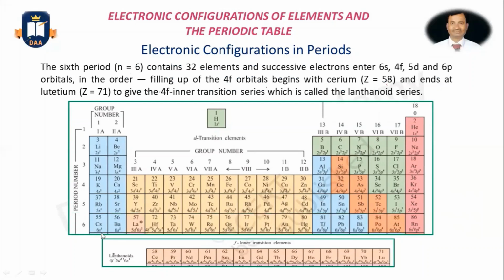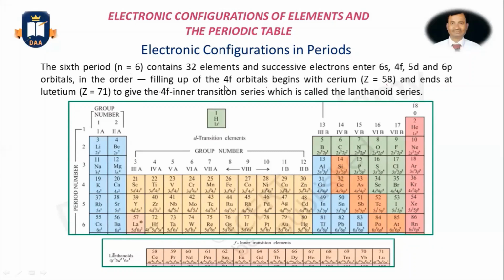The sixth period is a little bit different because the sixth period contains the f orbitals. The f subshell contains 7 f orbitals, in addition to 5 d orbitals, 3 p orbitals, and 1 s orbital.